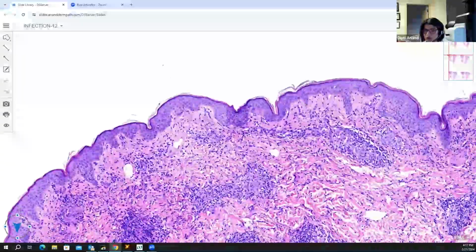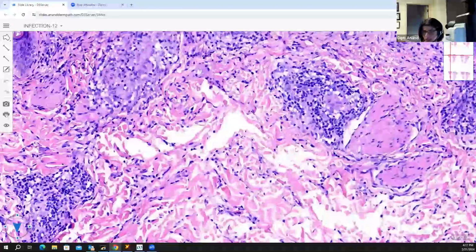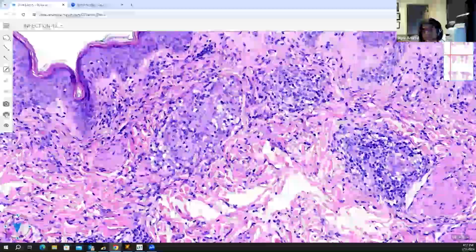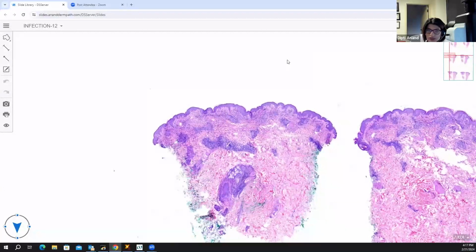So you want to do a Treponema pallidum immunostain on this slide to make sure that you're not seeing any spirochete organisms. But this reaction pattern itself is very diagnostic of secondary syphilis. So again, tuberculoid granuloma. So we had the dirty rete ridge pattern, and we have a tuberculoid granulomatous dermatitis pattern.